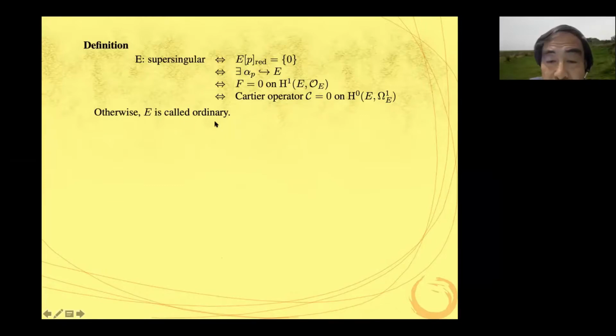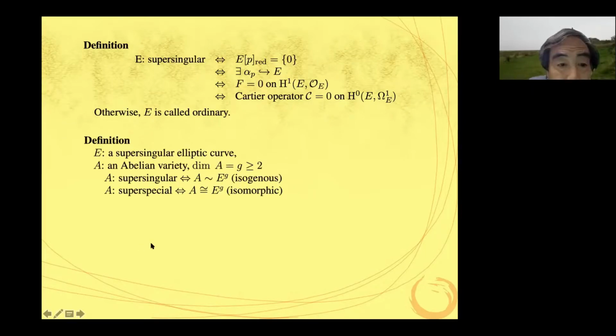And also this condition is equivalent to the Cartier operator on this space being trivial. Otherwise E is called ordinary. And throughout this talk, we use supersingular elliptic curves.